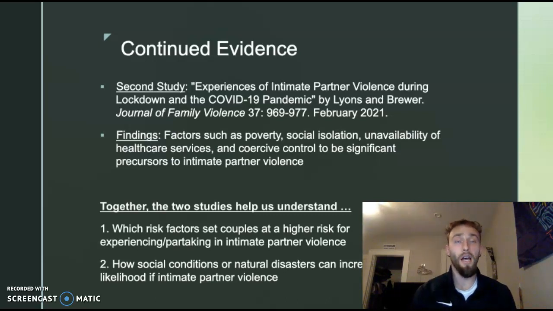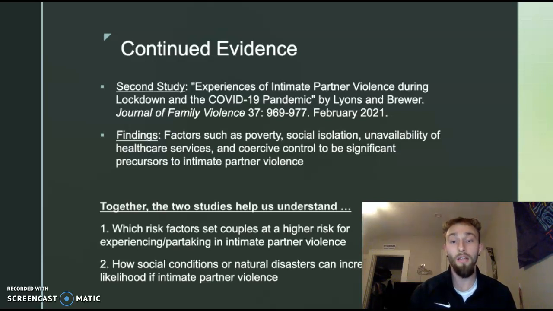So basically, people that were laid off during COVID, people that were forced to quarantine, people that could not afford healthcare services were more likely to bicker and to be subject to coercive control, as they were just basically squished and forced right in a household with their significant other.